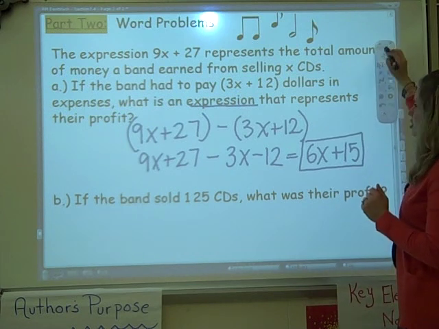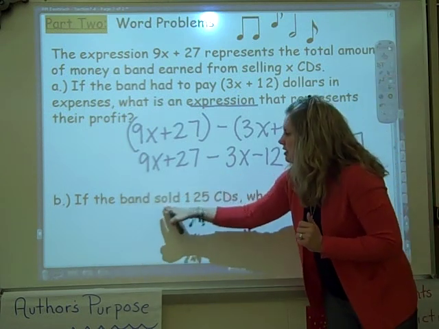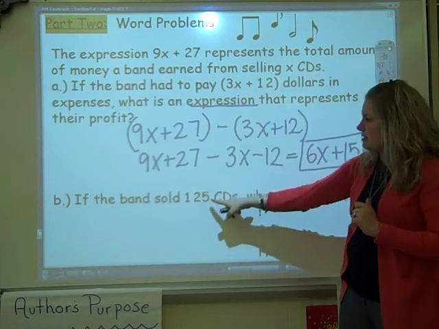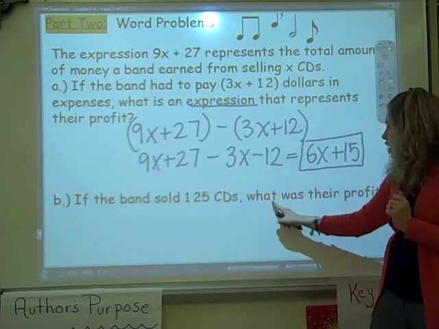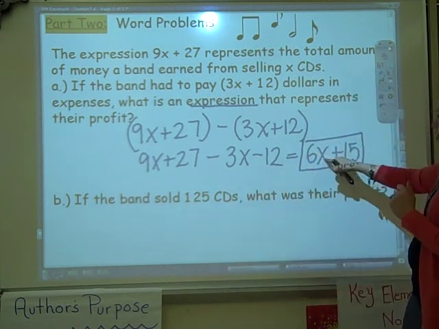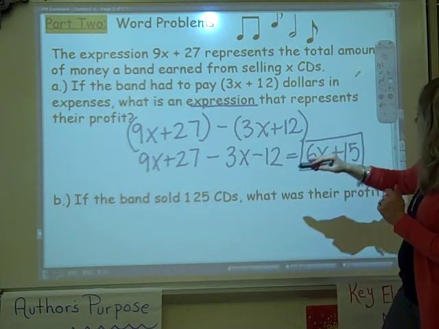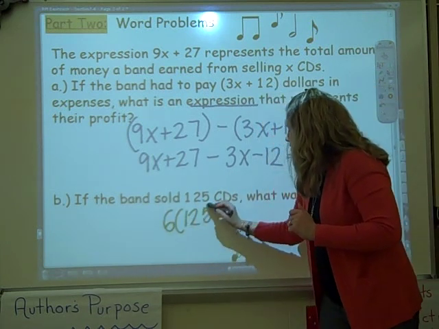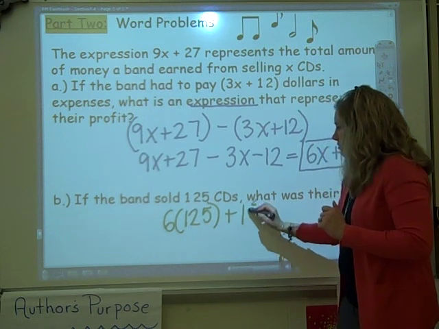The second question says, if the band sold 125 CDs, that's your x CDs. So we sold 125 CDs, what was their profit? So what they want you to do is substitute that in to our expression we got from part A. So you do 6 times 125 plus 15.